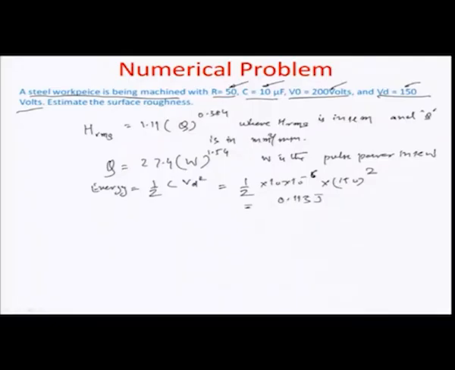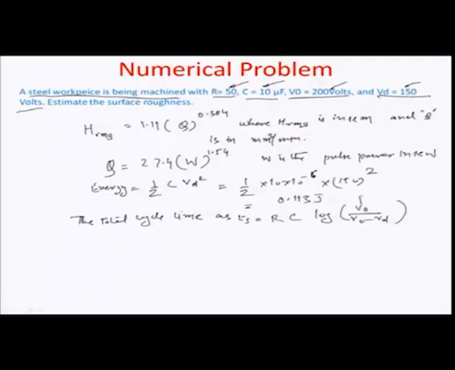This total cycle time can be calculated as Tc, which is equal to the resistance times the capacitance, RC, log of V0 by V0 minus Vd.